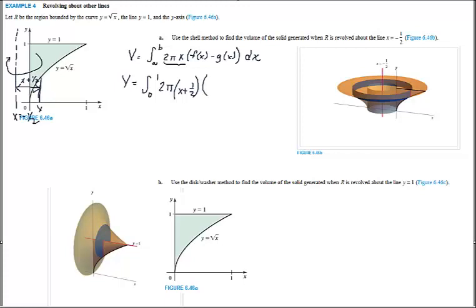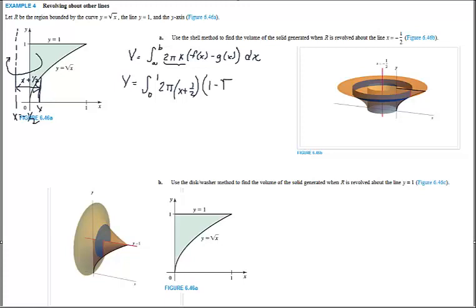And then I need to figure out the height of this thing. So my height is always 1, but then it's got a hole cut out of it at the bottom, and it's got this whole part cut out when it changes, and it's the 1 minus whatever this function is.